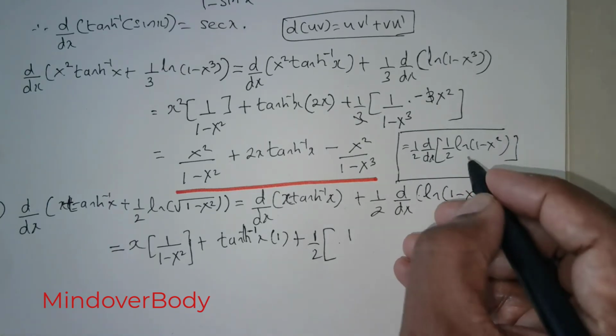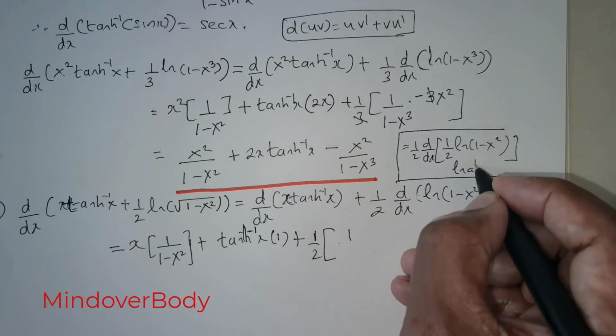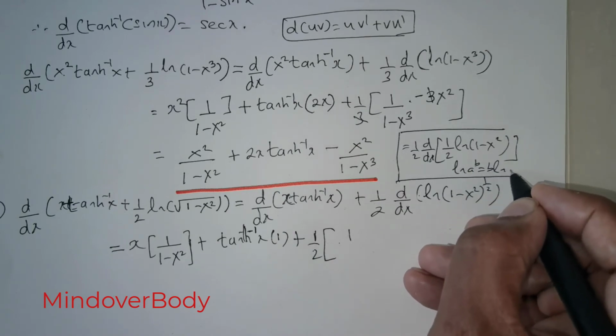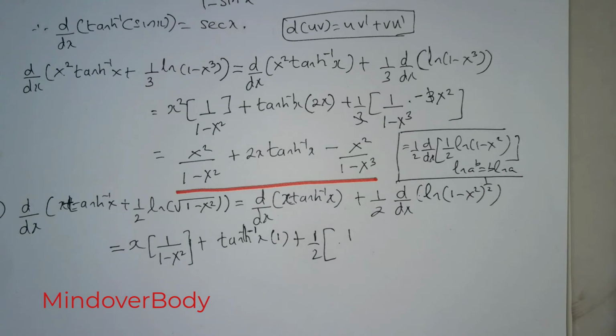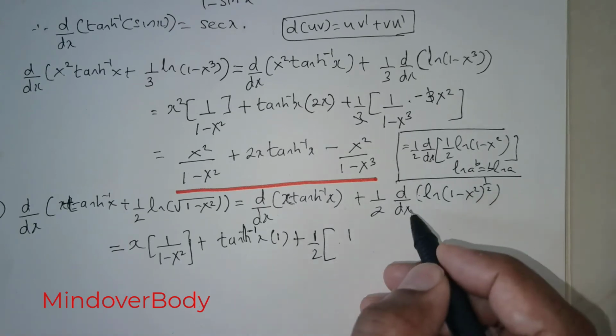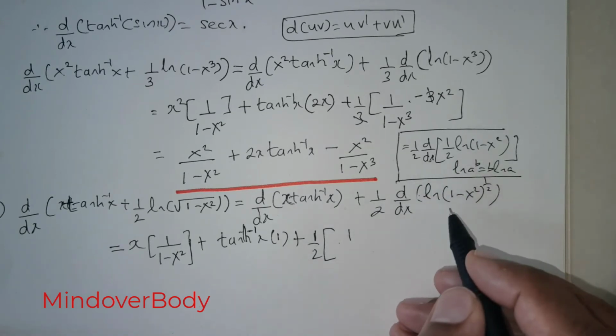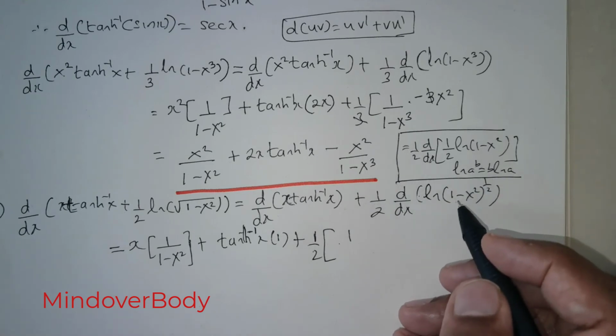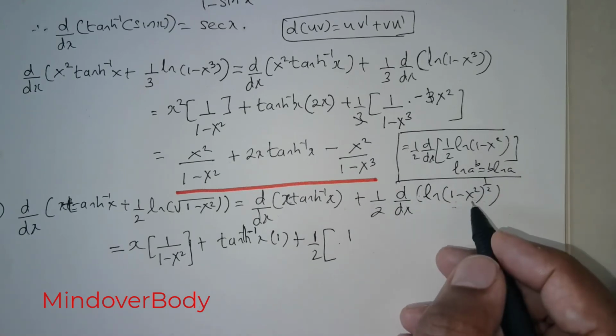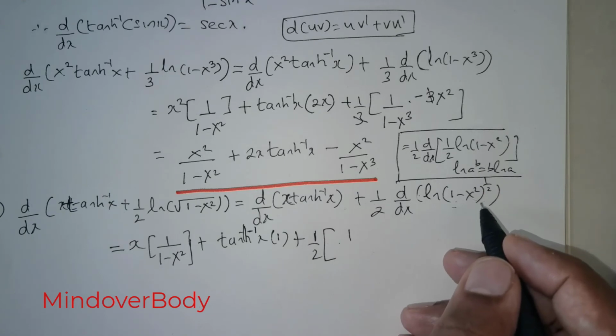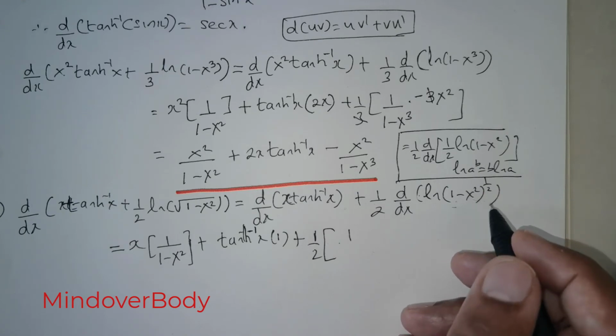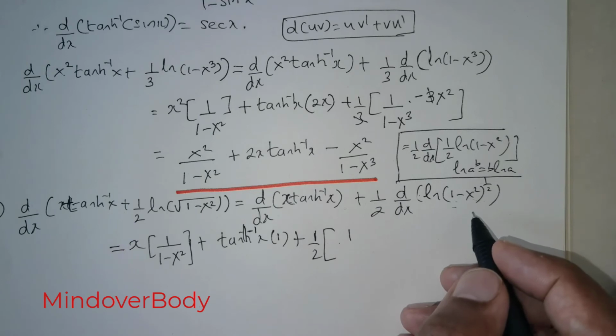How are we able to do that? Because of the fact that ln a raised to the power of b is b times ln a. So by that we can have the quantity rewritten like this. If you are not happy, you can simply differentiate it the way you want. There isn't any harm in that, and you will still be able to achieve the results. Okay.